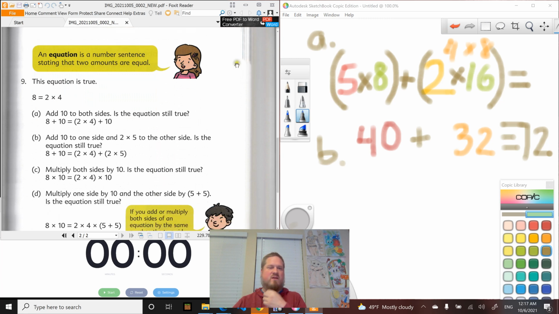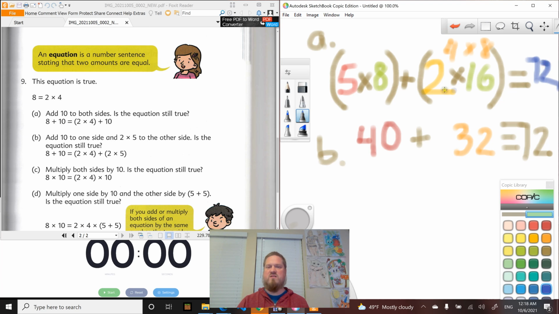So, here we have the little girl saying, an equation is a number sentence stating that two amounts are equal. So, back here, we write the whole thing out, 72.